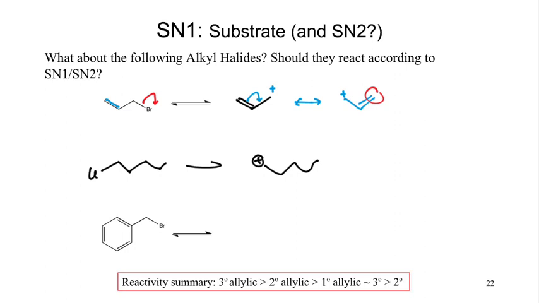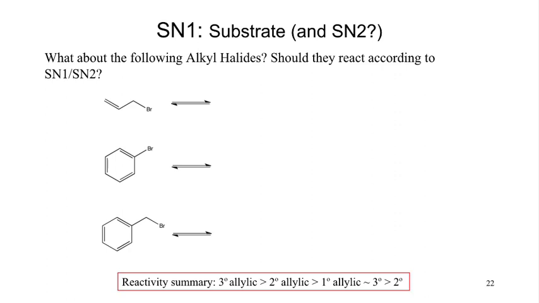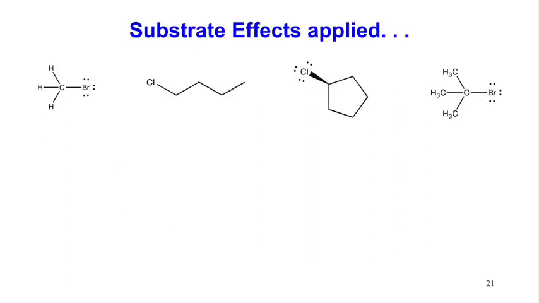Where in that list have I mentioned primary, secondary, tertiary? I haven't. But we're using primary, secondary, and tertiary to explain all these stabilities. That's because in the examples that we're looking at, that's the only difference. Does that difference change the reactivity? Yes, absolutely.